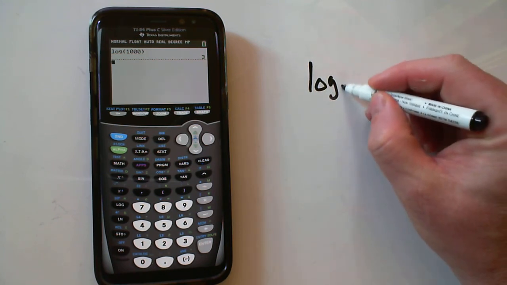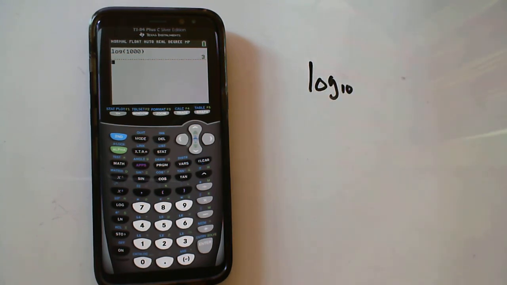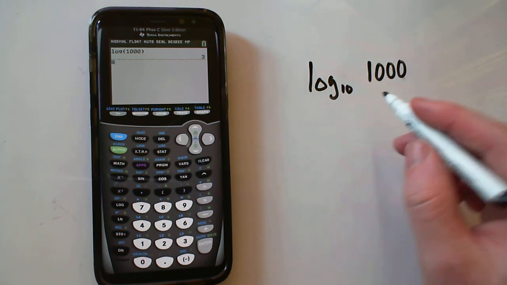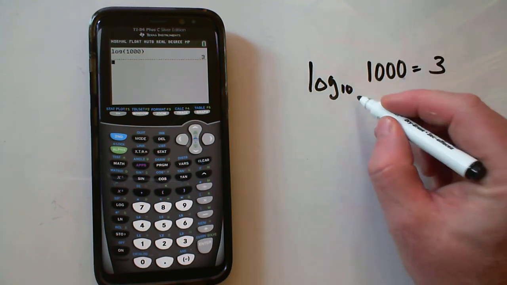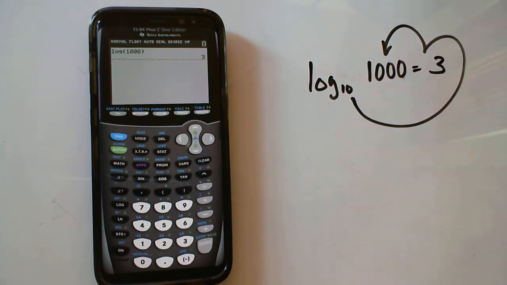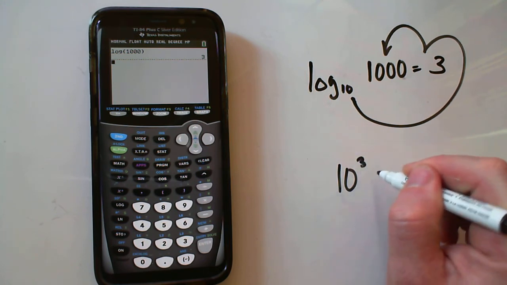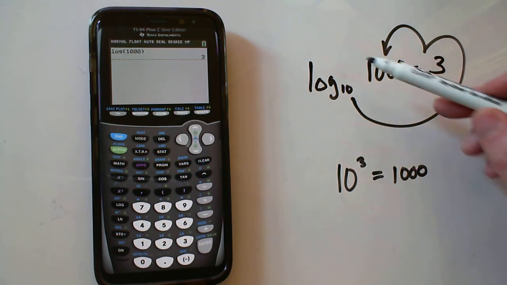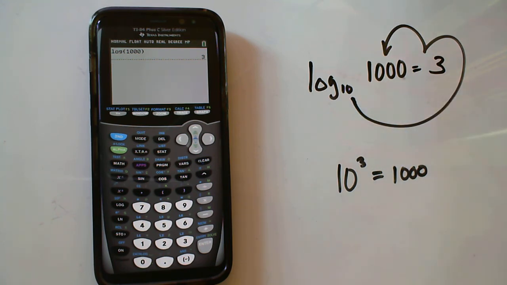Again, I'm going to put that 10 there even though you won't normally see it, just so that we can see what's happening. That tells us that 10 to the third power equals 1,000. So 10 to the third power equals 1,000 is equivalent to log base 10 of 1,000 equals 3.